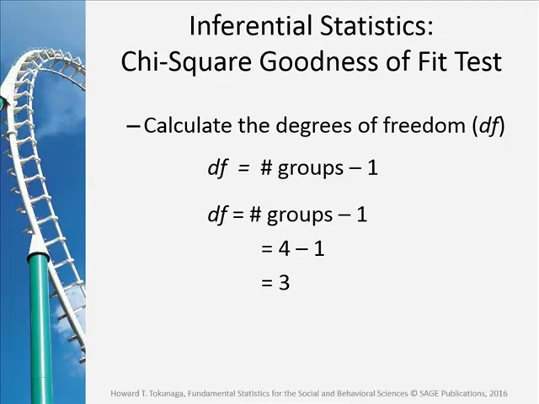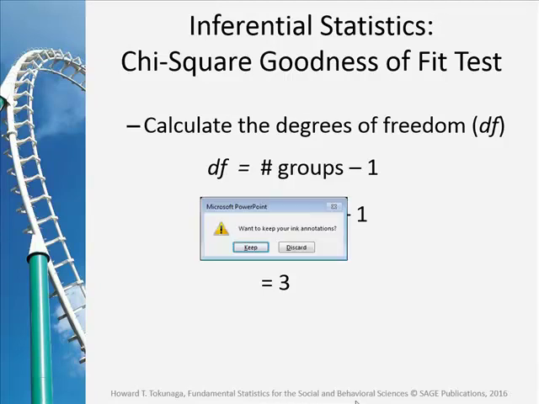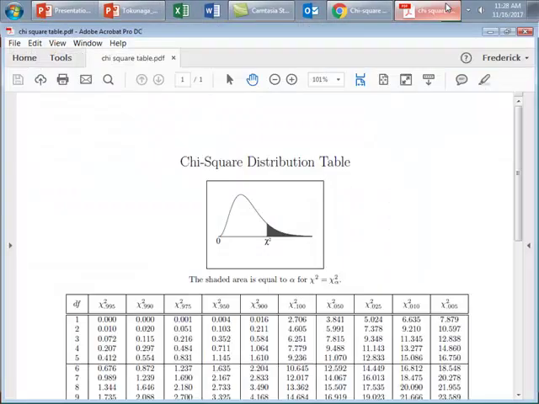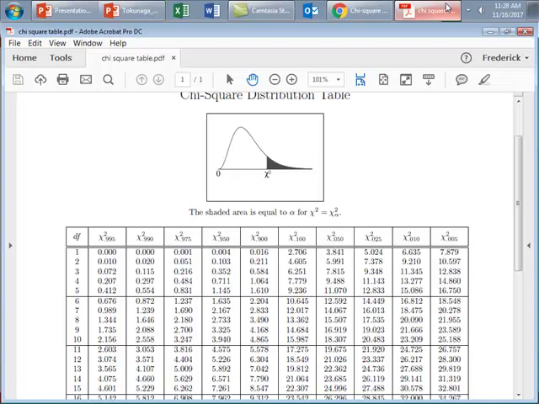So the degrees of freedom is your number of groups minus 1, because we're calculating one statistic from 4 groups. Leaves us with 3 degrees of freedom. We're going to take that degrees of freedom and look at our table.